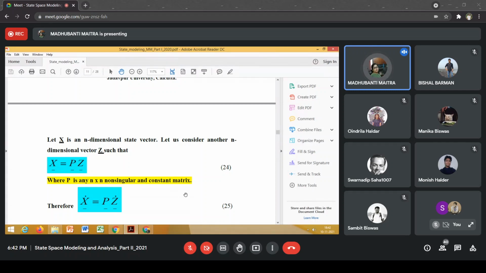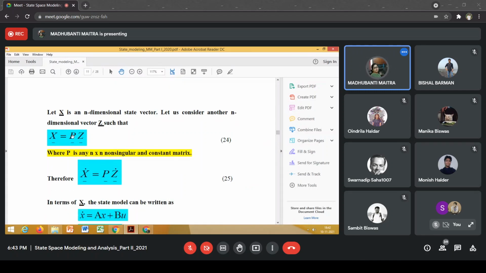Now we assume that P is a constant matrix and P is a non-singular matrix. So P is any n by n non-singular and constant matrix. If P is a non-singular matrix, that implies that the inverse of this matrix will exist. Clear?